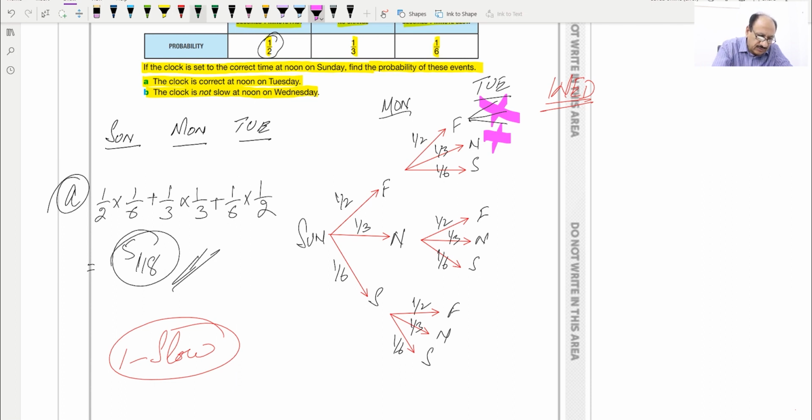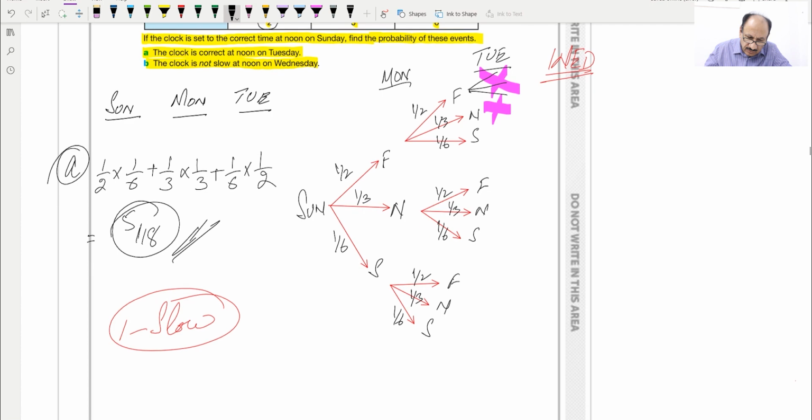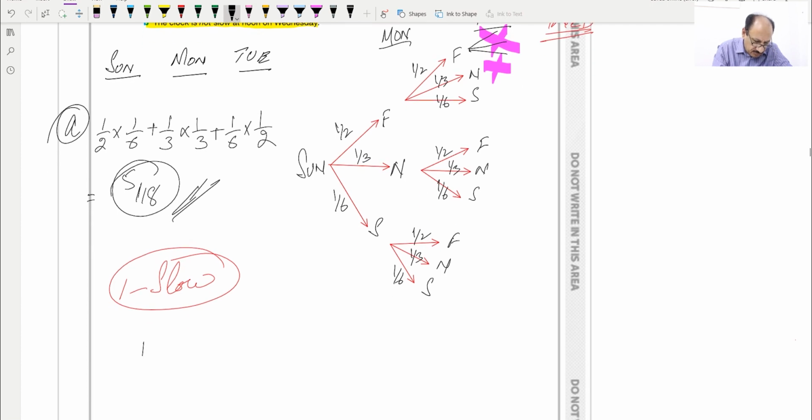Next we can take the next branch, which is fast, slow, and slow. So the first option which we will be taking, I will write here: fast, slow, and slow will give us one option, and other options can be what? No change, no change, and slow.